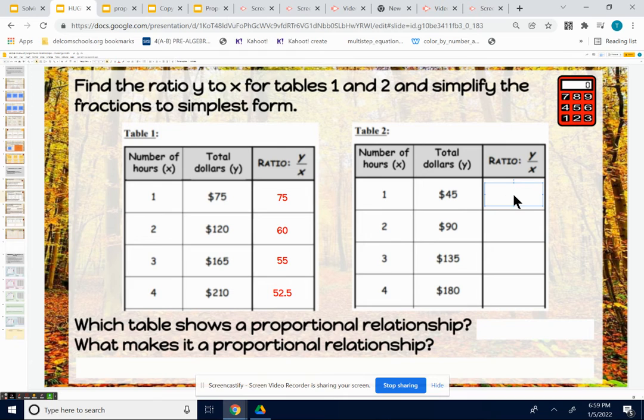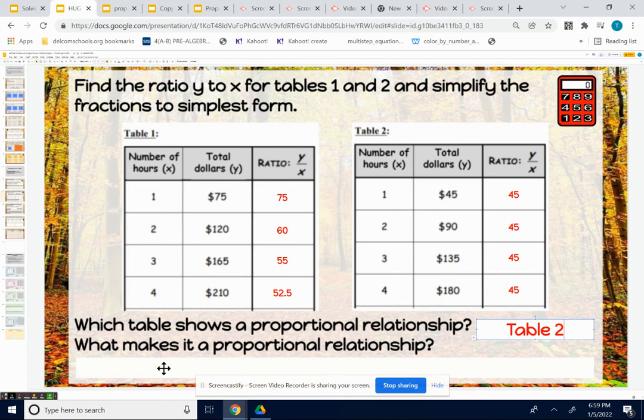If you take y divided by x every time in this data table, you're going to get the same exact number, $45 per hour. So table 2 is fair. Think fair if you want to. All the ratios are equal. So table 2 is the proportional data table.